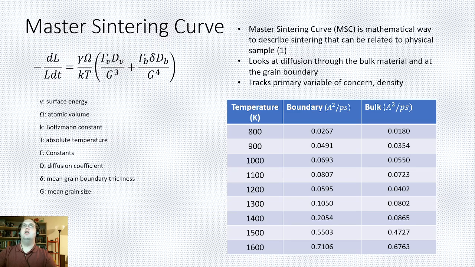My molecular dynamics model is capable of generating all of these with the exception of these gamma constants, but those can be backfilled based on other information from the molecular dynamics model. This would allow us to process potentially expensive to manufacture materials, or materials that need an extreme level of processing, prior to actually physically running a sample.